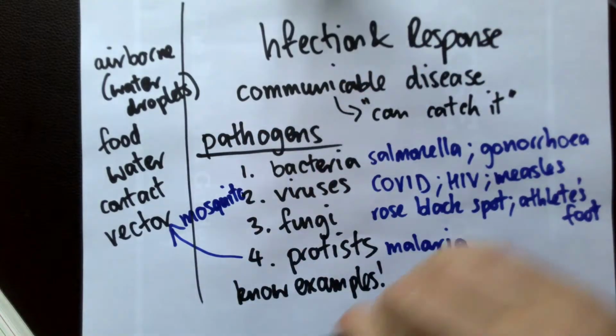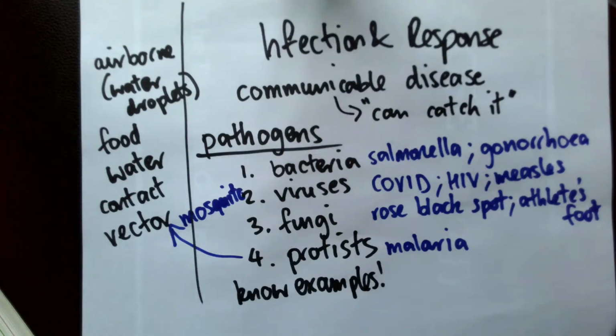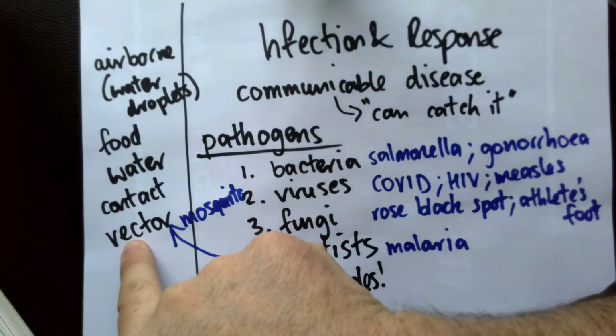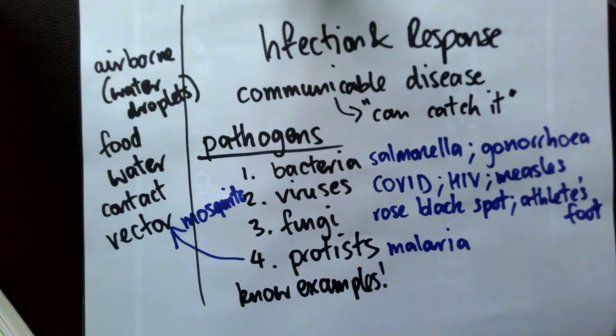Now, the mosquito actually digests the protist, the parasite, in its stomach, so it doesn't actually affect the mosquito; it affects humans. So as a mosquito bites human after human, it passes on the parasite without actually harming itself. So a vector is an organism which can pass on the pathogen from one person to the next. Okay, so that's a few things on how these pathogens are transmitted.